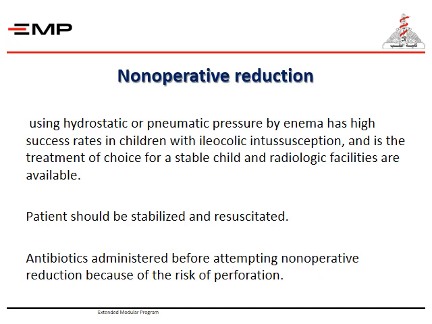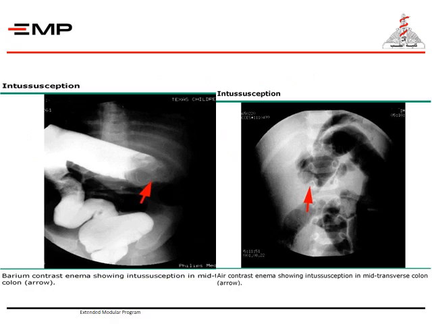Patients should be stabilized and resuscitated with IV fluids, and the stomach decompressed with an orogastric tube. Because there is a risk of perforation during non-operative reduction, the surgical team should be notified and steps should be taken to ensure that the patient is fit for surgery. Antibiotics are administered before attempting non-operative reduction because of the risk of perforation. Photos of non-operative reduction. Thank you.